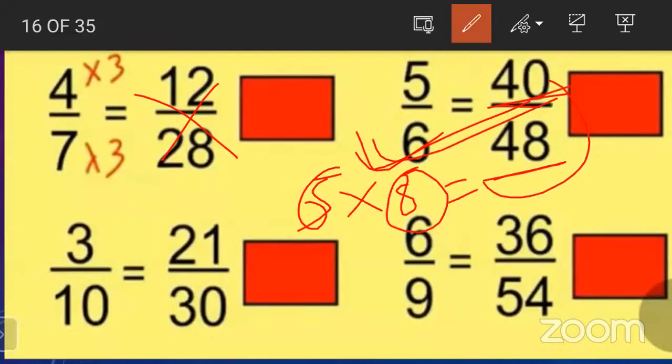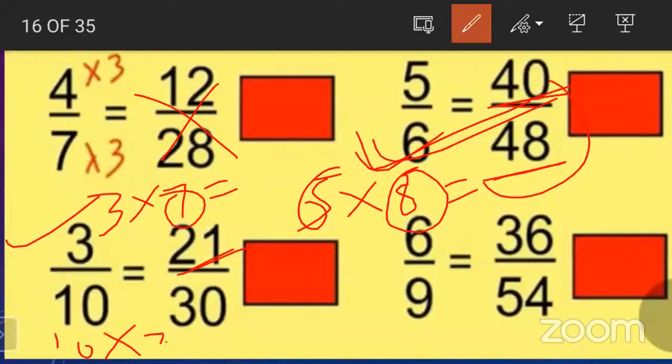Look at here. Now, this one. If you multiply by 3, 3 7s are 21. But look at here. If we multiply this 7 by 10, 10 7s are 70, but here is given 30. So this is not an example. This is wrong.